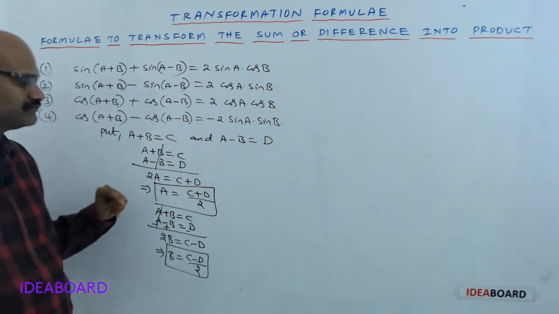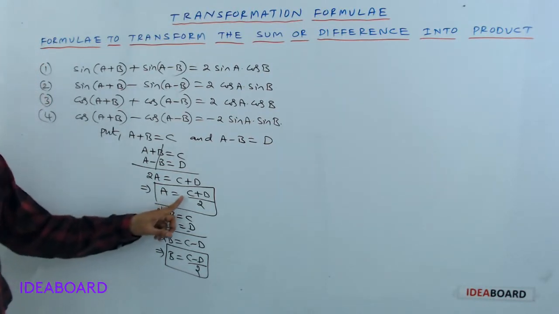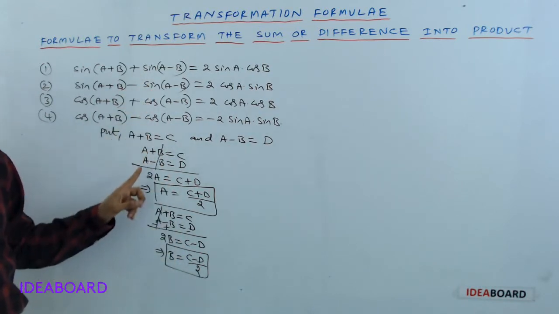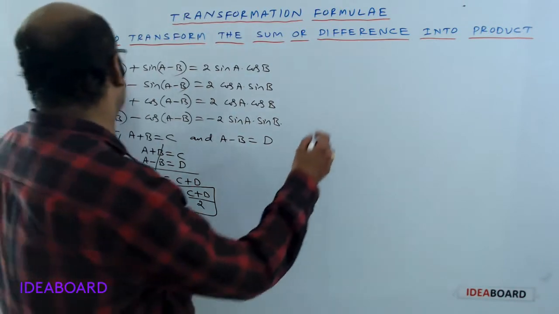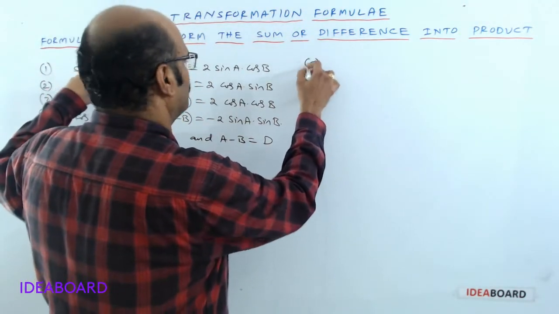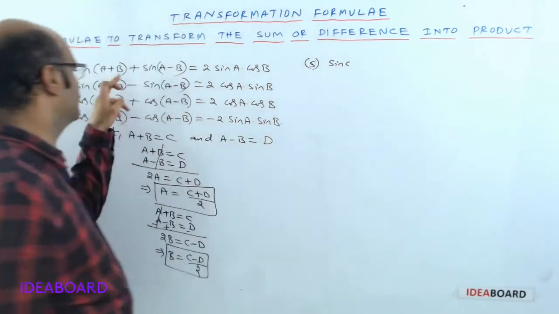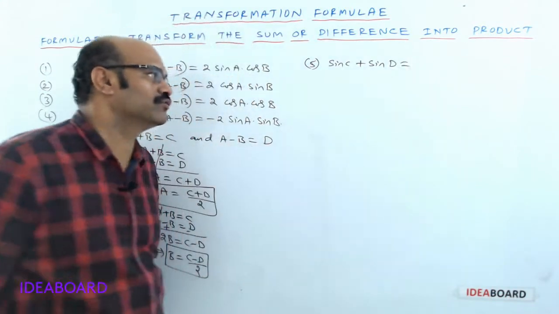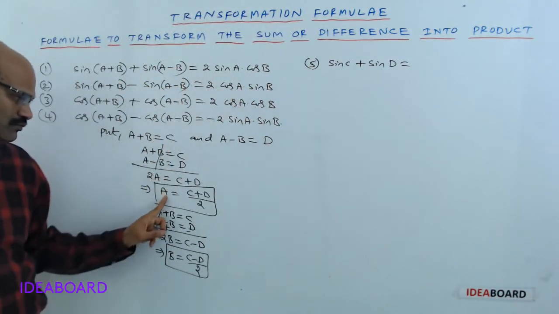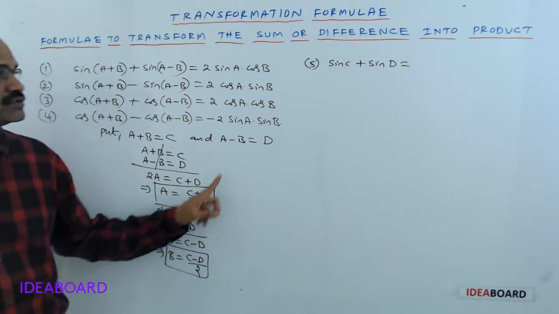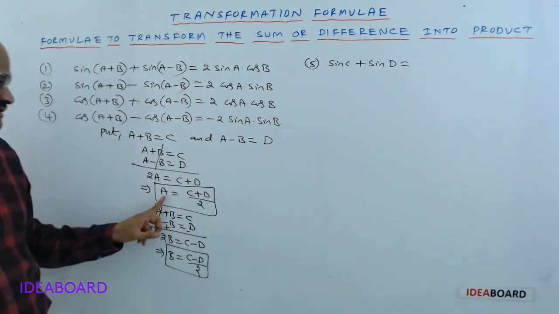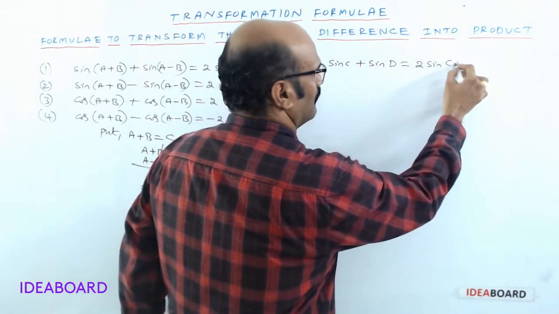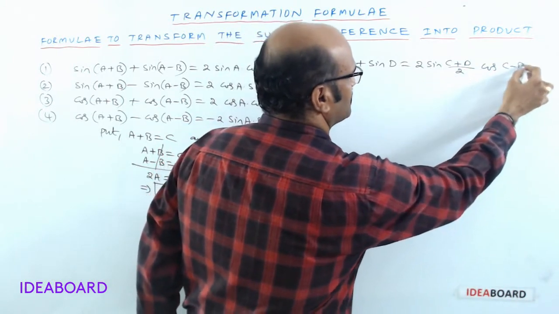Therefore, now put a equal to c plus d by 2 and b equal to c minus d by 2 in the above 4 formulae. Then this formula becomes sin c plus sin d equal to 2 into sin of c plus d by 2 into cos of c minus d by 2.